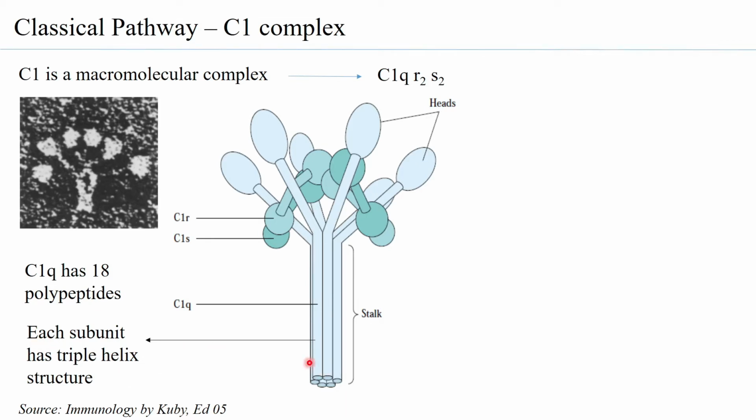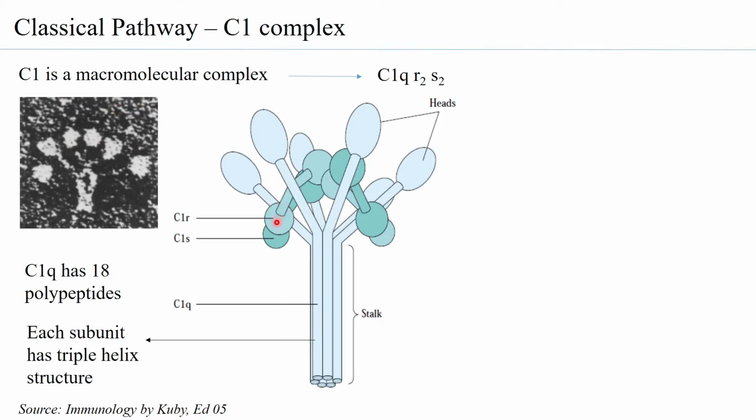The folding is such that you have a globular head at one end of each unit, and this is the stalk region. The stalk of every unit binds to each other to form the final stalk. So this is how the C1 complex looks with respect to C1q.